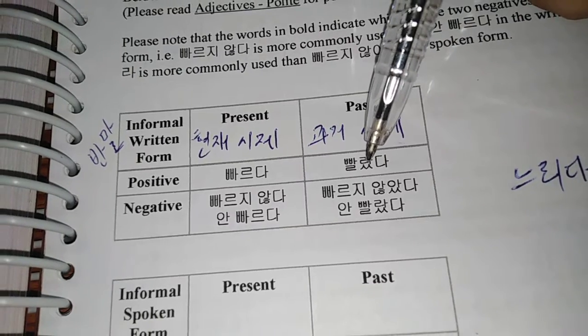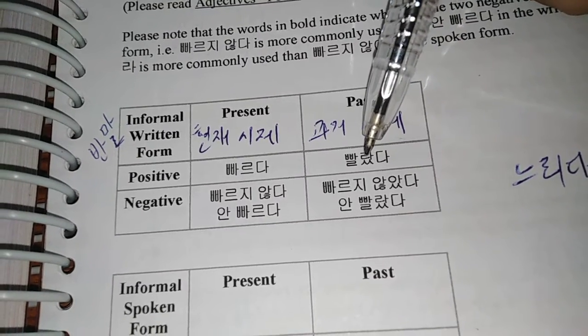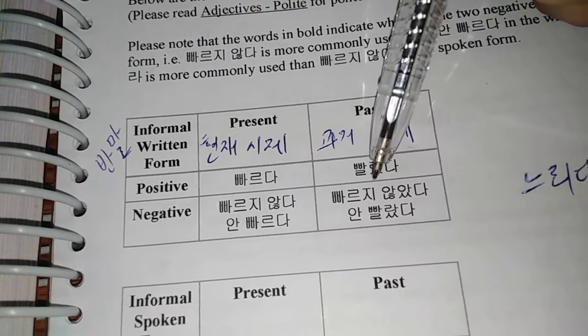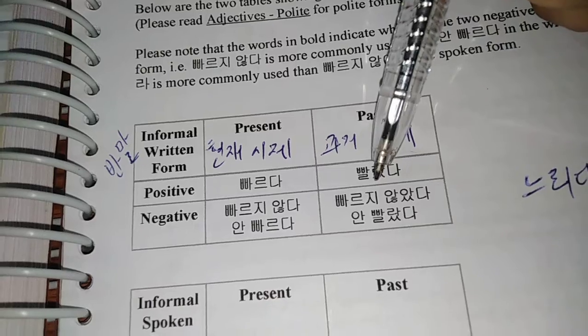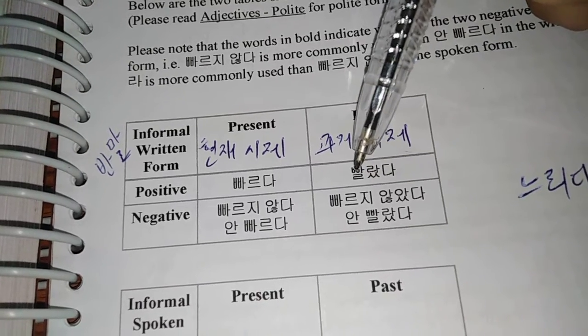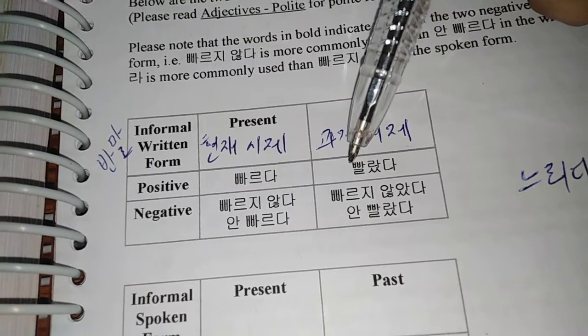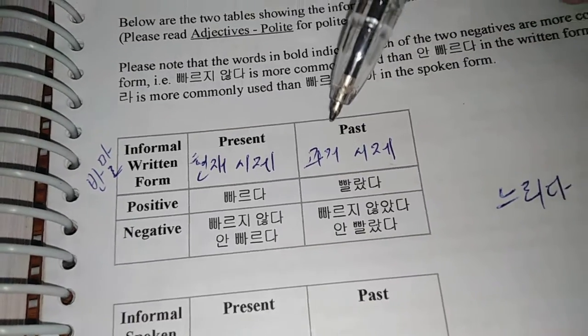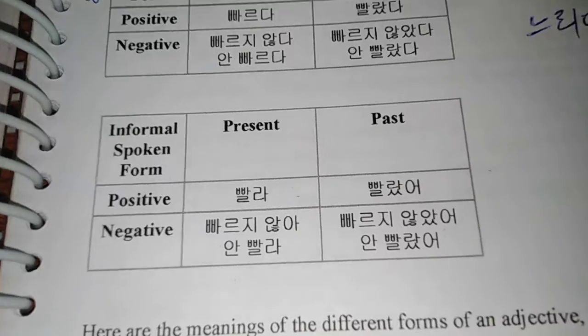It happens in most words, and you don't have weird exceptions to this rule like you have mango and mangoes in English. It doesn't go like that in Korean, so that's one thing you don't have to worry about.